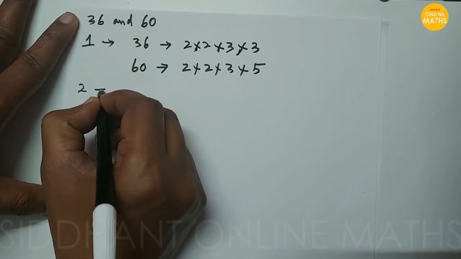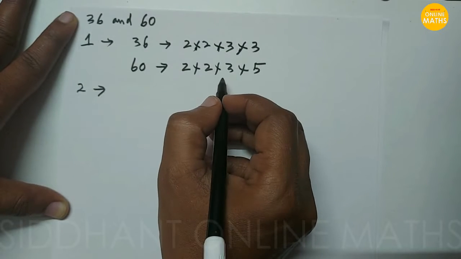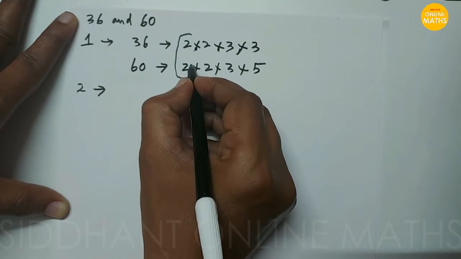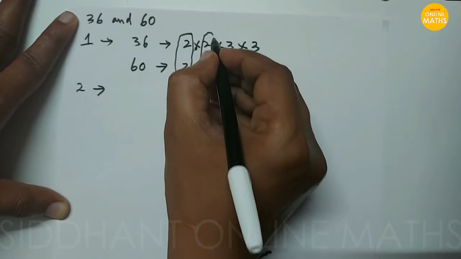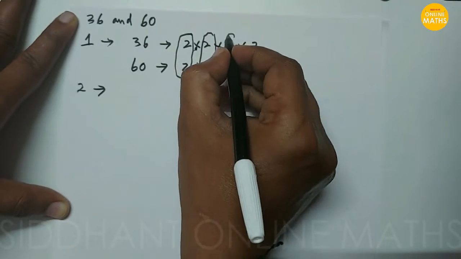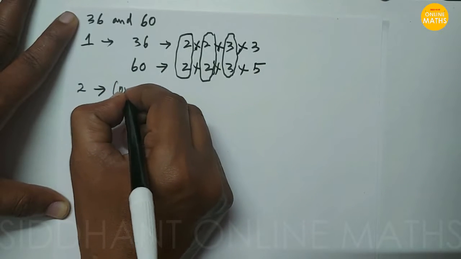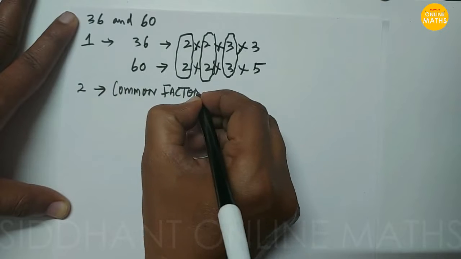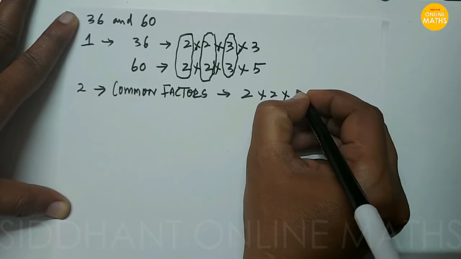In the second step we take the common factors. 2 is one common factor, another 2 is a common factor, and 3 is another common factor. So we first separate the common factors, which will be 2 into 2 into 3.